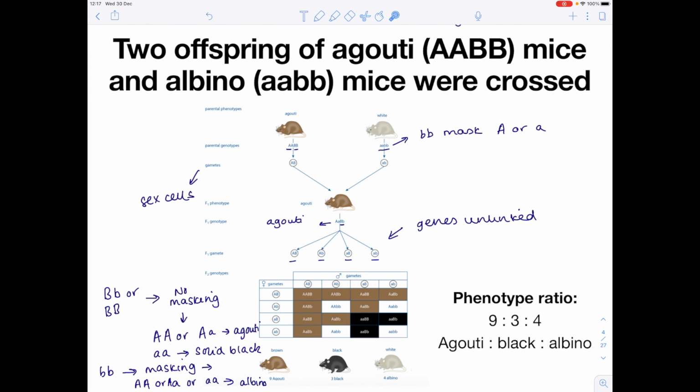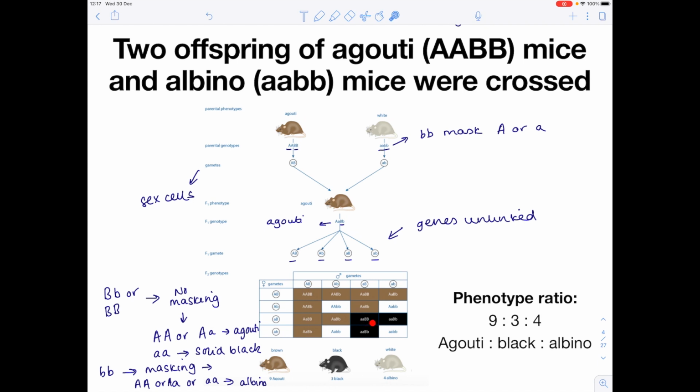Moving on, capital A, capital B, lowercase b. That's that situation. Again, pushing out agouti. Now let's double check this one. Capital A, lowercase b. Starting here, lowercase b, capital A, look, it's white, it is albino. Let's check one of the black ones.